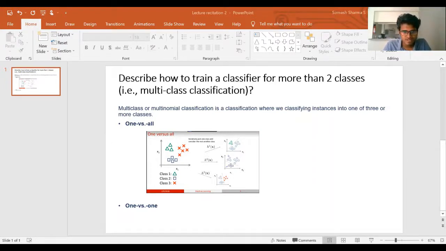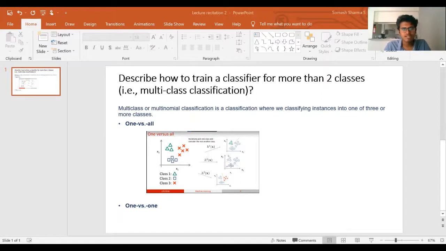For h1(x), we treat the triangle as positive and all the other symbols as negative. It's the same with h2(x), where we treat the square boxes as positive and the circles as negative. Same with h3(x), where we treat the X mark as positive and all the others as negative. This is how we classify one versus all.